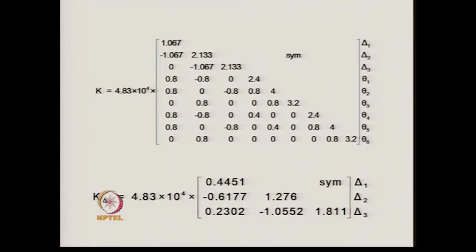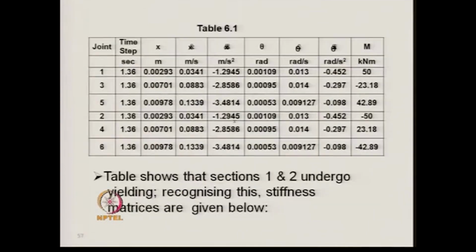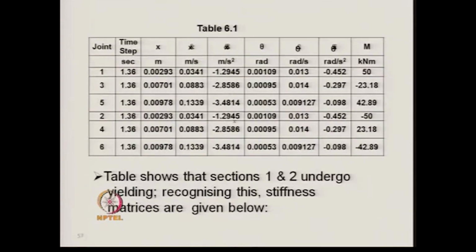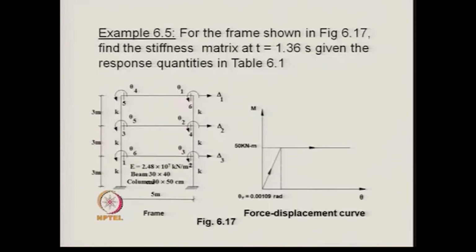So, that is how we proceed with the calculation for a particular frame, given the values at a particular time, 1.36, and we wish to find out, say, the responses at 1.38.